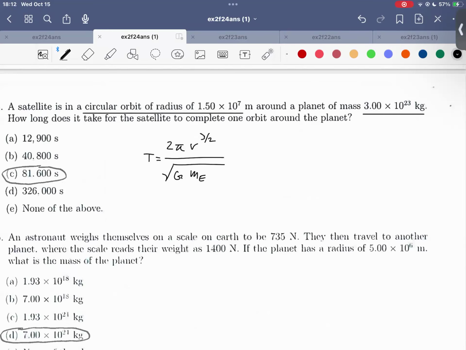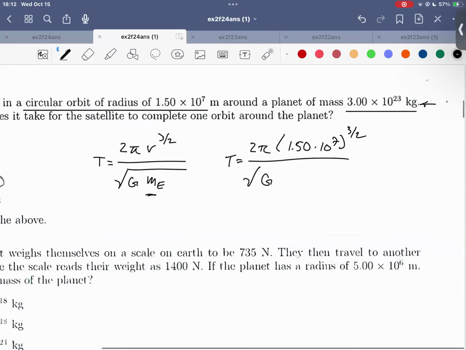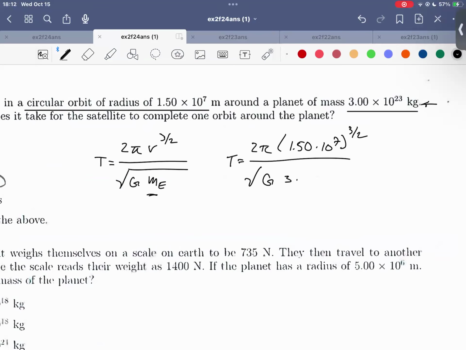And so we say then T is equal to 2 pi, the radius is 1.50 times 10 to the 7th, quantity to the 3/2, over the square root of G and then mass. Instead of using the mass of Earth here, we'll use this mass given. So we'll have this. Okay. And then you just solve and you say this.